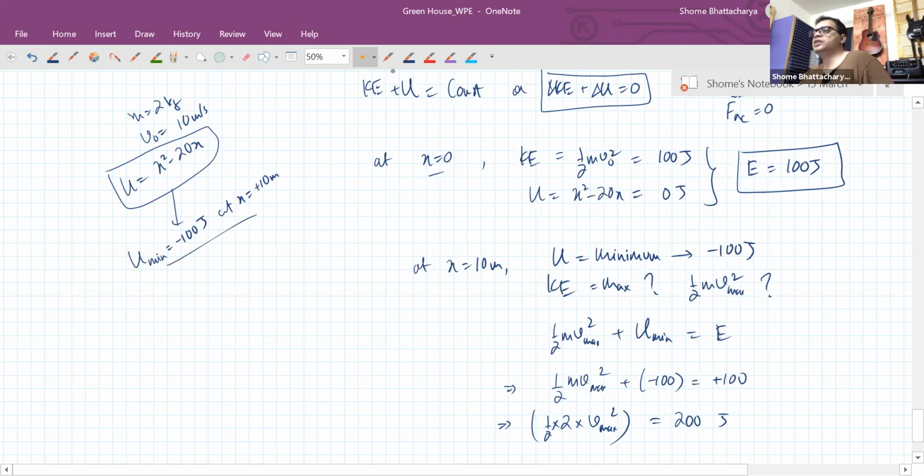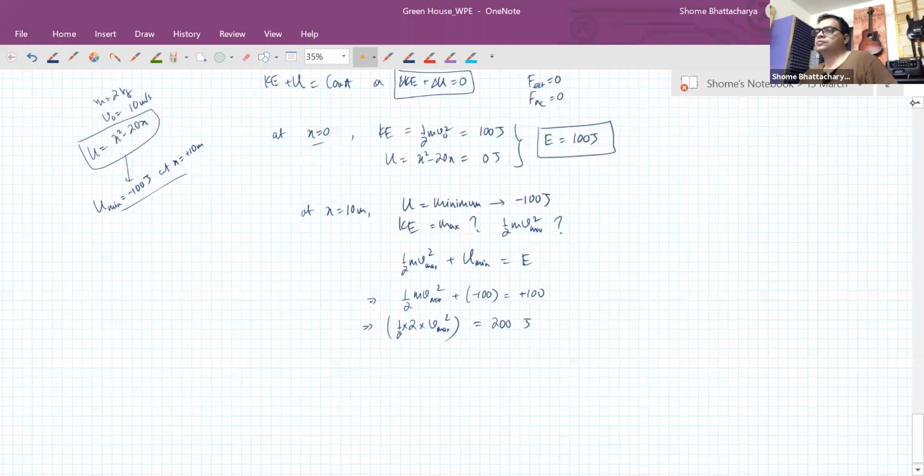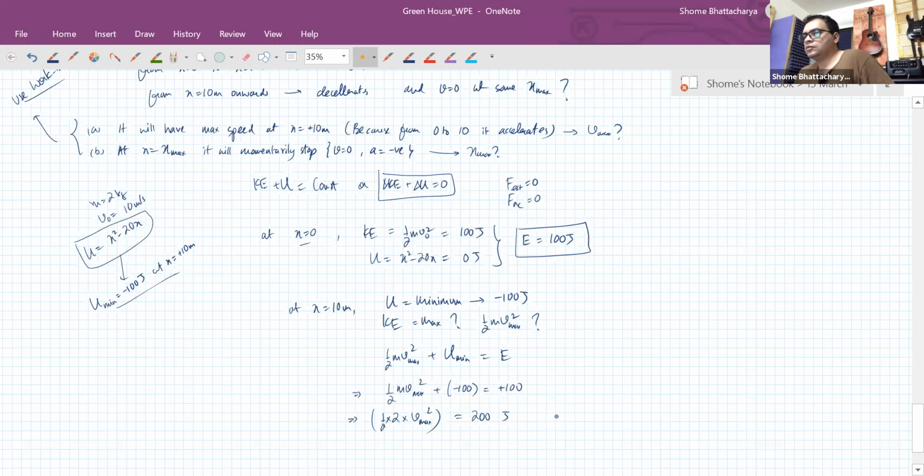This information we already had, so we're just making use of that over here. So the maximum speed it will have is 10 root 2, or approximately 14.1 meters per second. So that is our A part of the question.